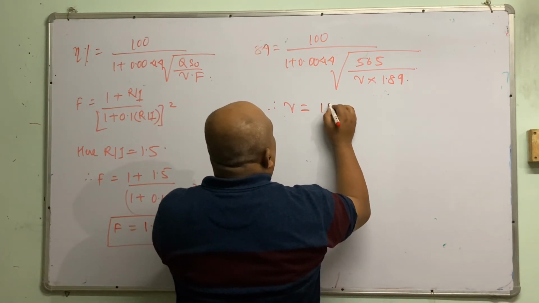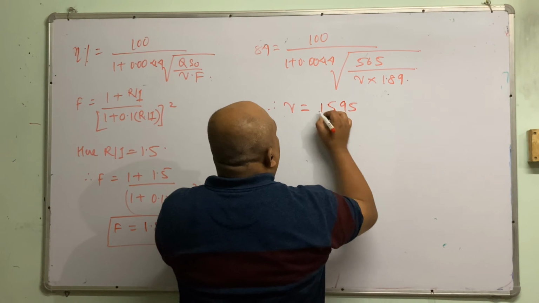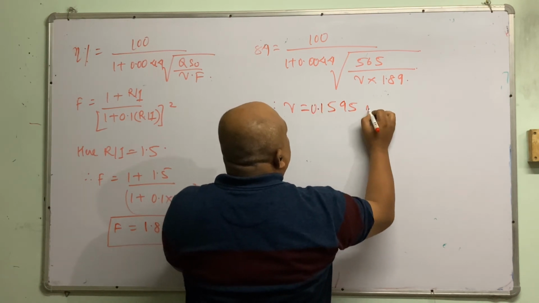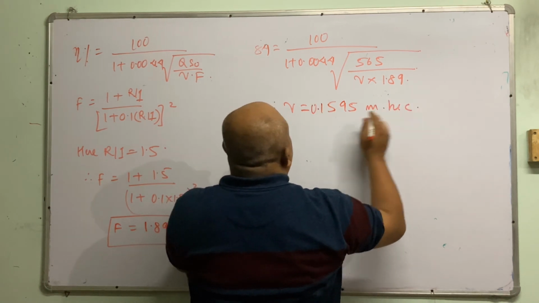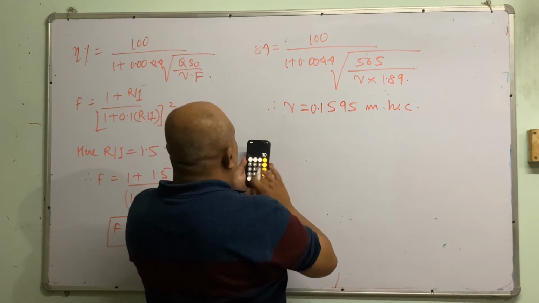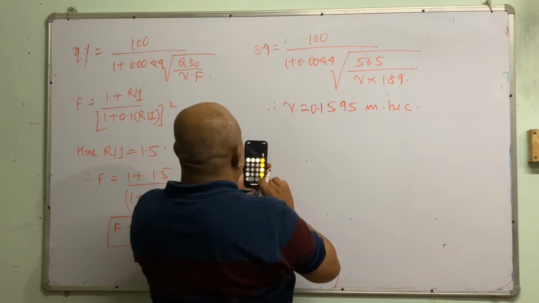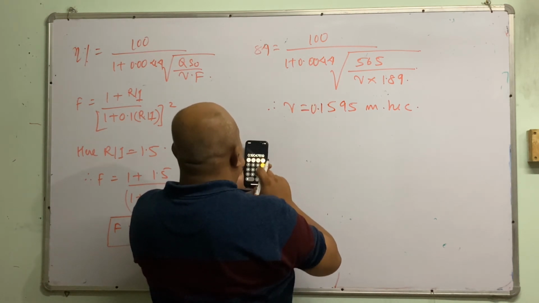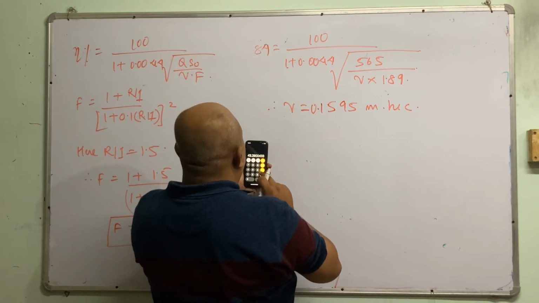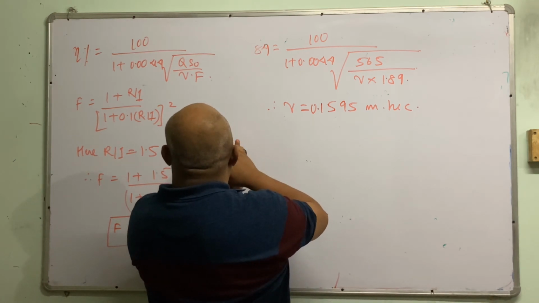V is equal to 0.1595 hectare meter. Let me check again. 100 divided by 84 minus 1, divided by 0.0044, then I have to take the square.